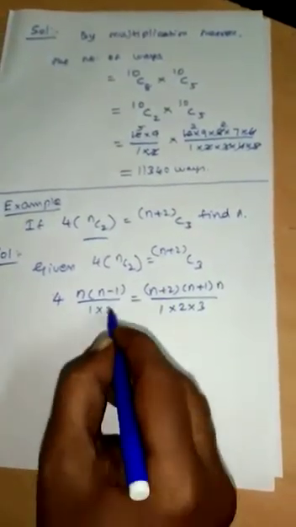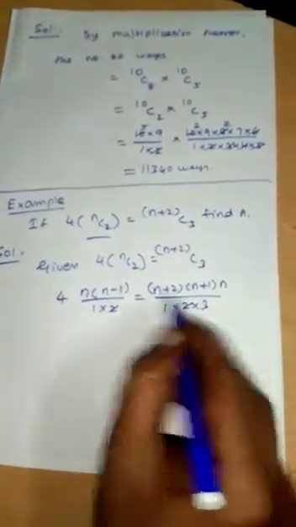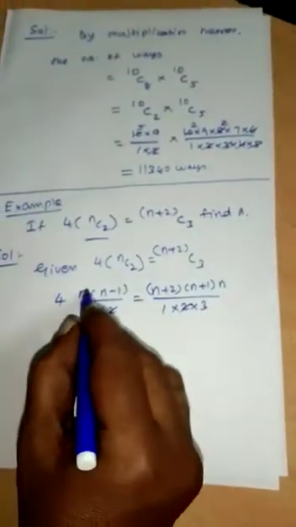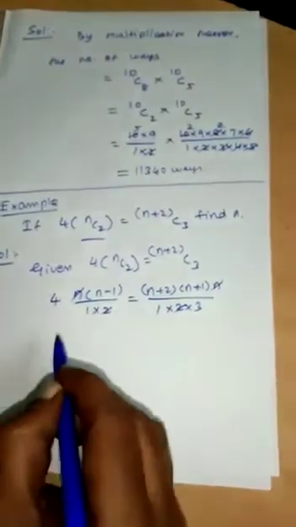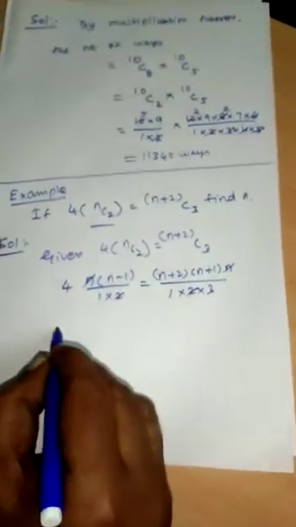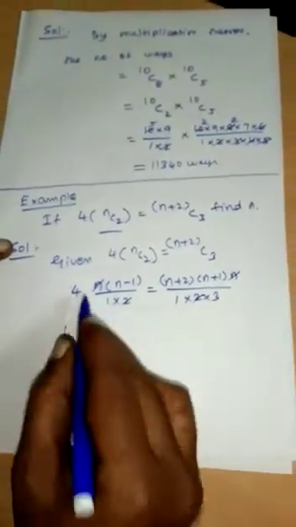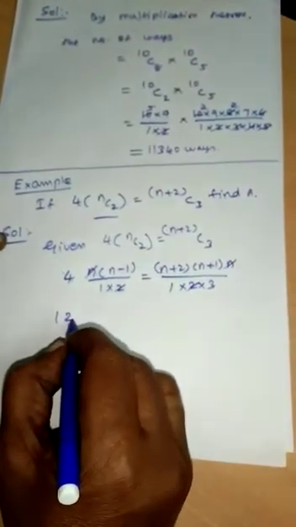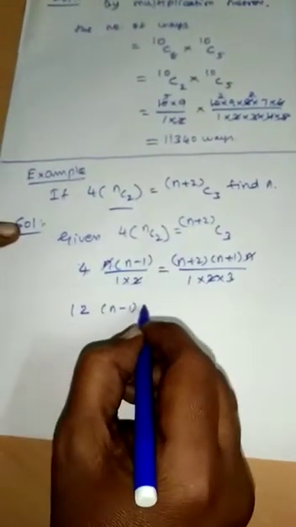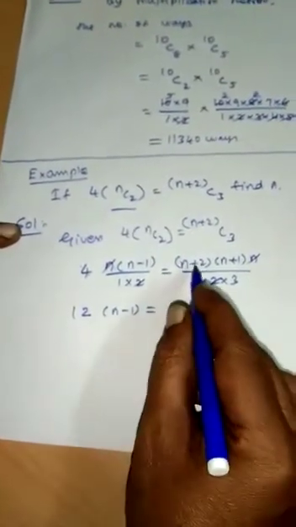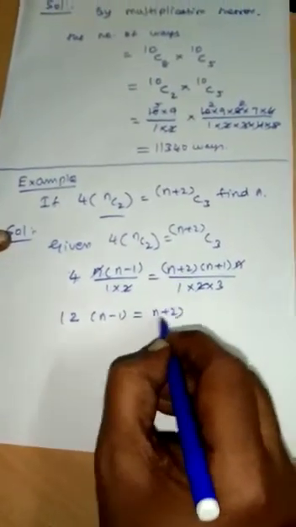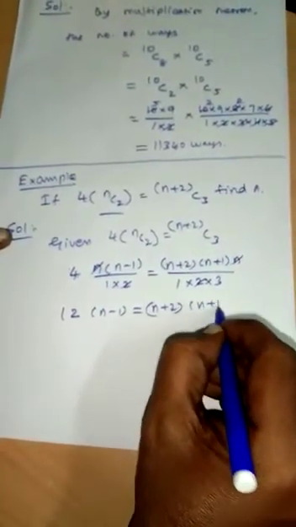We get, cancel these 2, 3 comes here, and cancel both n. We get 12, 3 into 4, 12 (n minus 1) is equal to (n plus 2) into (n plus 1).